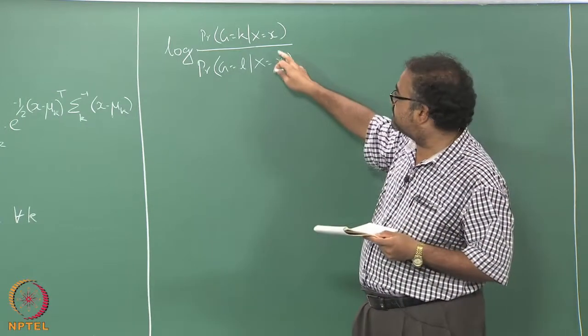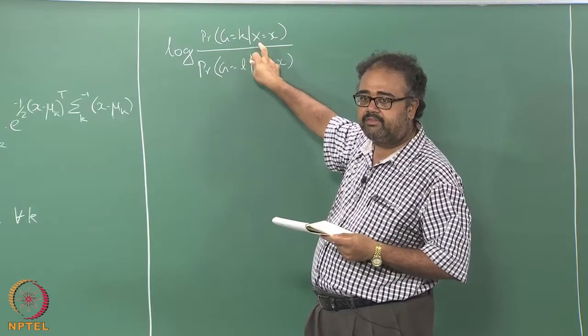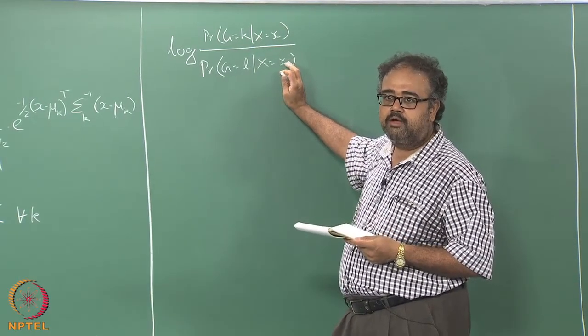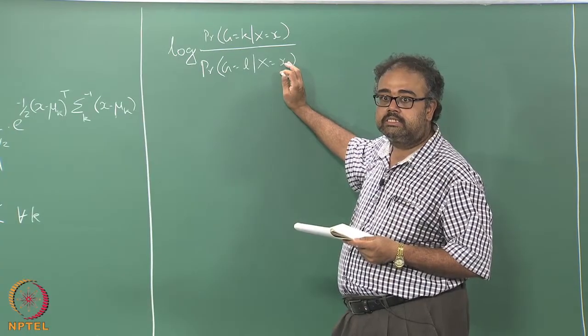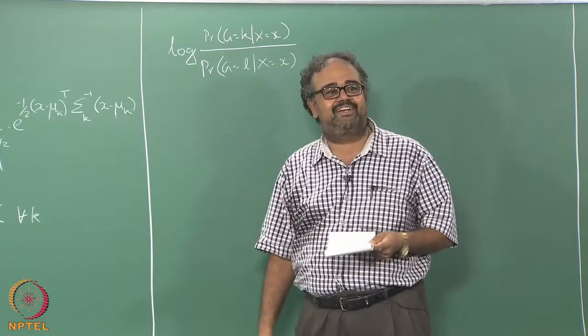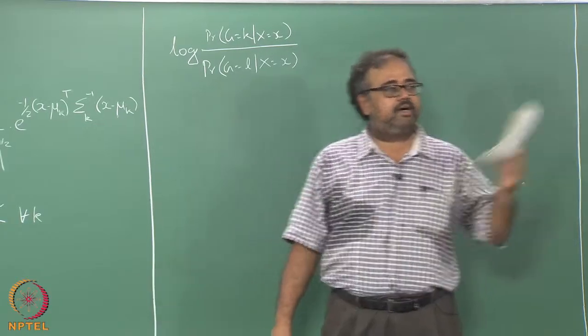Now we know the form of the probability of G equal to k given x. Now I can put it in here and solve for what? What are the parameters I should be solving for? Mu and sigma, and anything else?